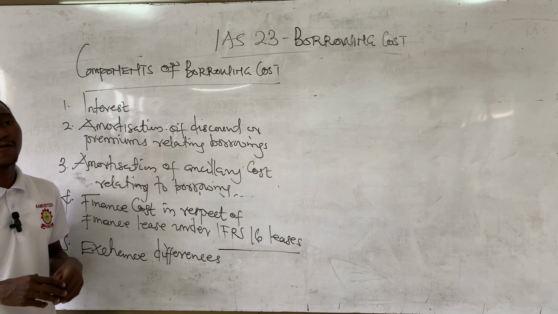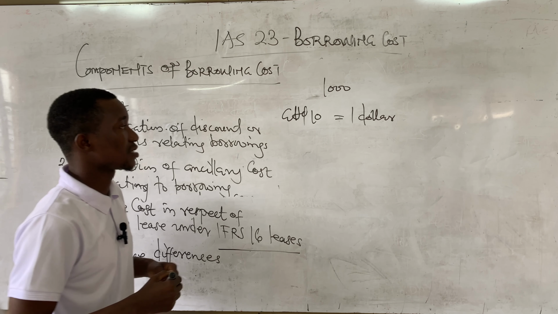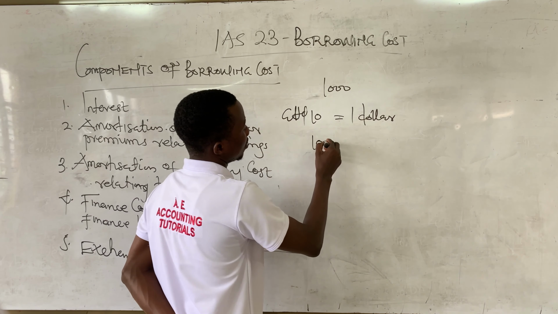For instance, a business owner from Ghana going for a loan in the UK, and the exchange rate is such that every 10 Ghana cedis is equivalent to $1, and the business owner is going for a loan of $1,000. So if the business owner in Ghana wants to pay this money in return, the person will pay 10,000 Ghana cedis.